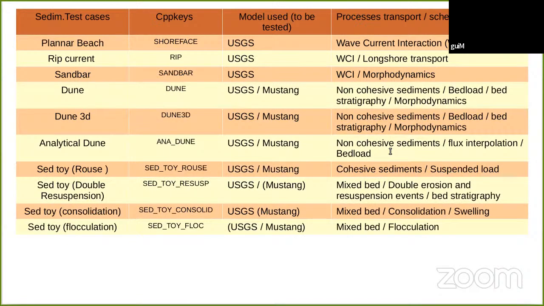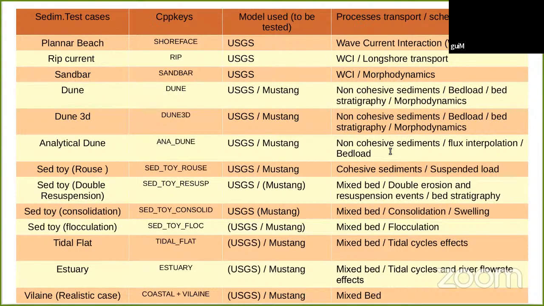There is another family, a settling test case in a one column water. The idea here is to study processes with cohesive sediment, studying suspended transport, consolidation, and flocculation of the sediment.